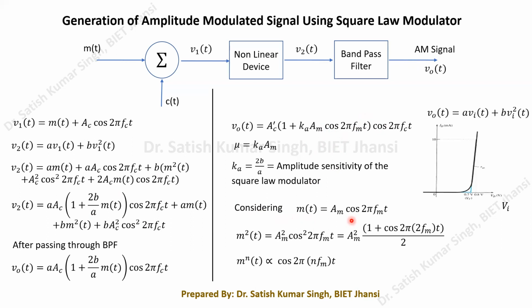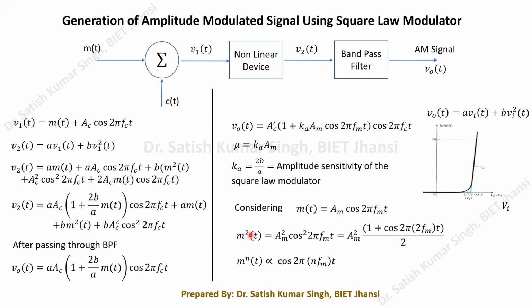From this expression, you can see the v2(t) expression that we have. In this expression, we can see we are having a term m square(t). Okay, so we have to understand, if we have a signal whose frequency is cos 2 pi fmt, its frequency being fm, then what will be the spectrum of a signal which is m square(t).